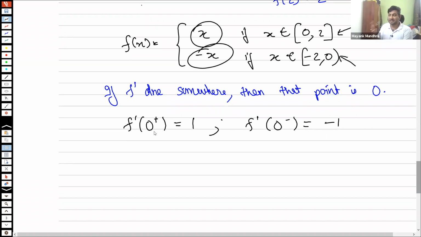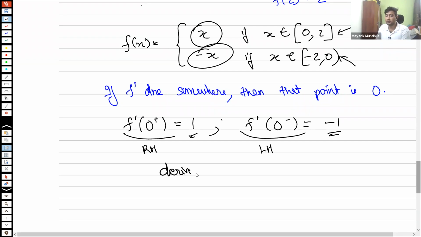Now f prime is nothing but a limit, so the right hand limit of this derivative is 1 and the left hand limit is minus 1. The right hand and left hand limits are different, so that's why I say that this limit, which is basically the derivative, does not exist.